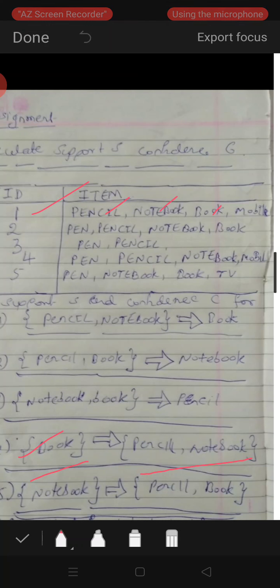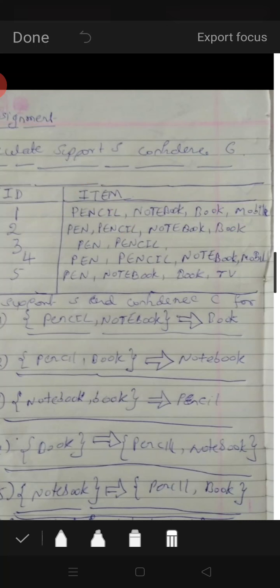One time in the first transaction, and two times in the second. Third point, book is not there. Fourth point, book is not there. Fifth point, book is there, notebook is there, but pencil is not there. So it is two times. Support is 2 by 5, that's nothing but 0.4.